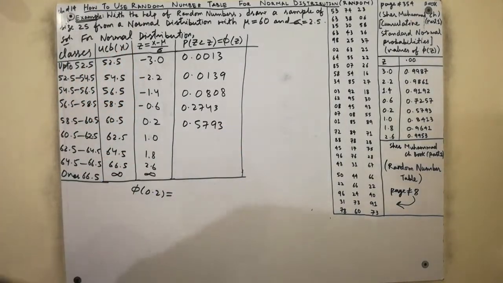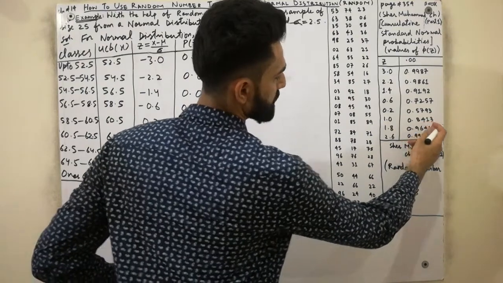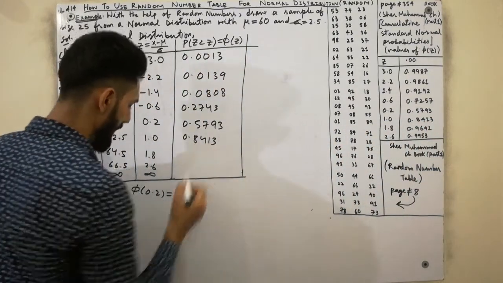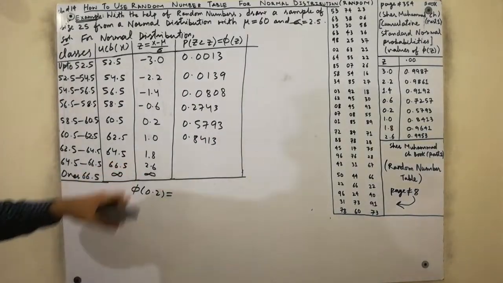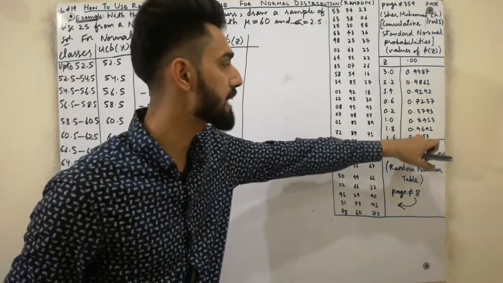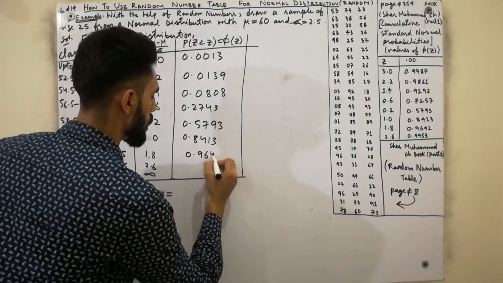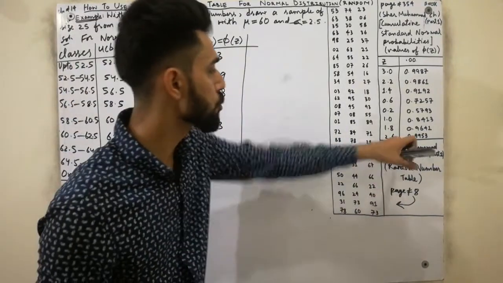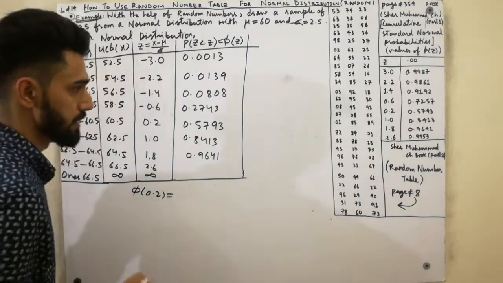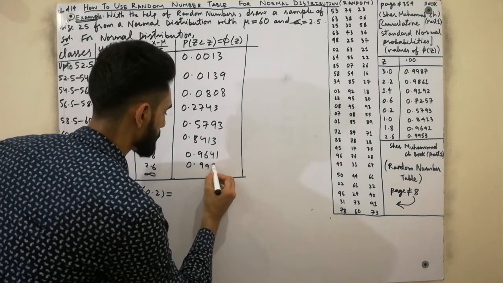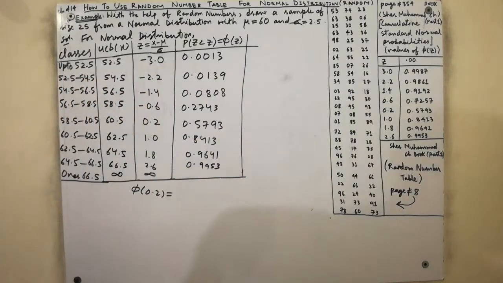Next, 1.0: the value is 0.8413. Next, 1.8: phi of that value is 0.9641. Next, very simple, 2.6: 0.9953.